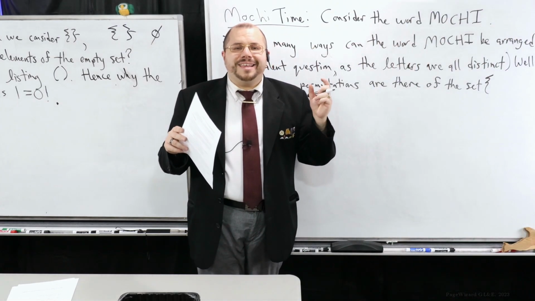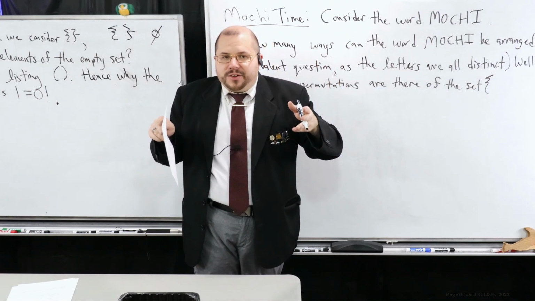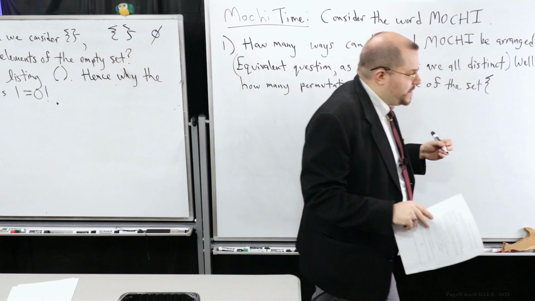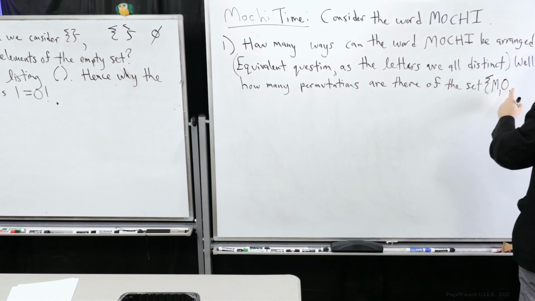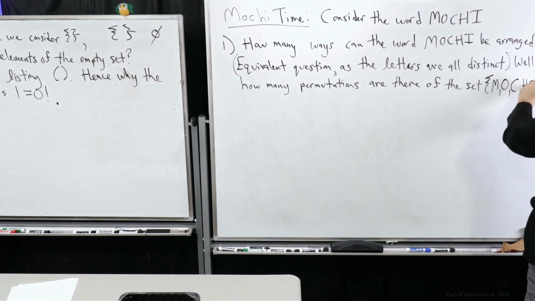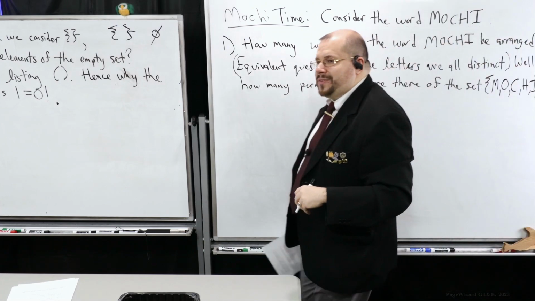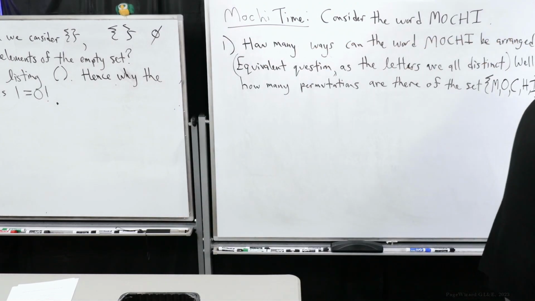I like to think about these like a letter group, where I might group multiple letters together, but for us, we're going to keep it simple at this stage. Of the set M, with another element being an O, another element being a C, another element being an H, and another element being an I. So I have a set with 5 elements in it.